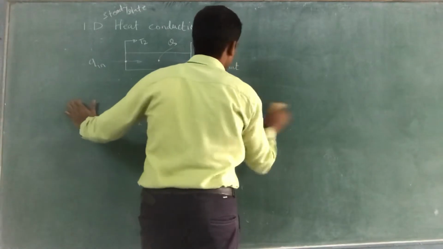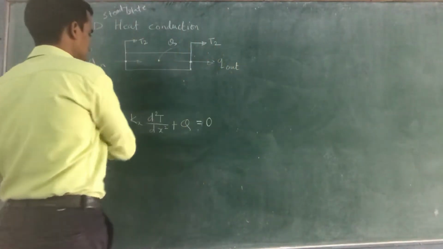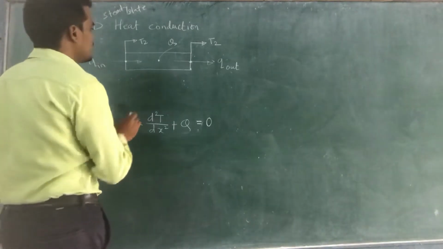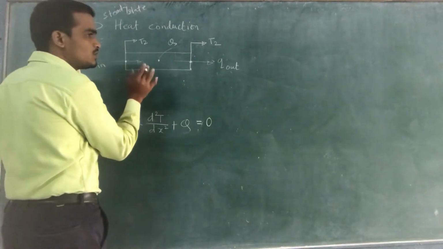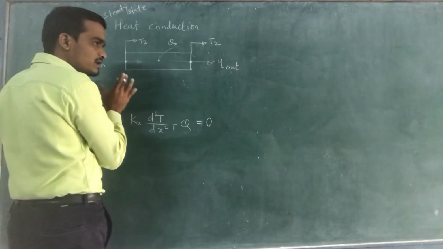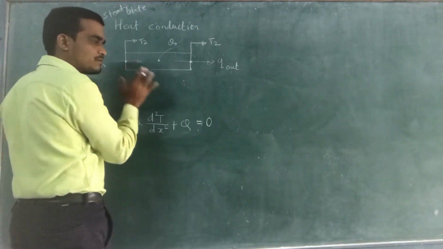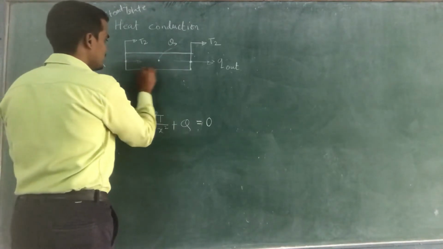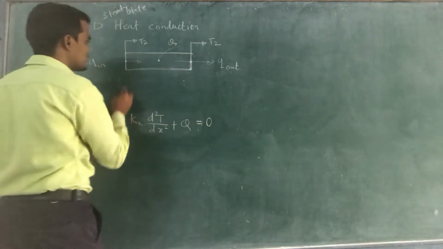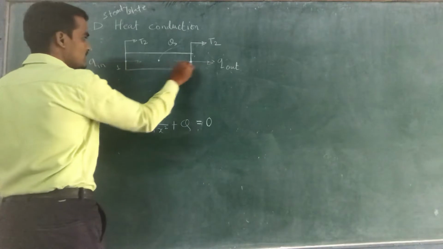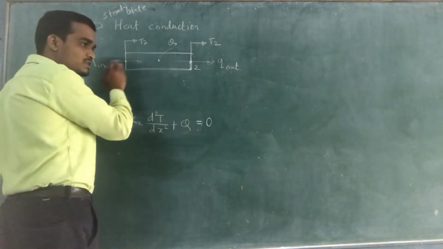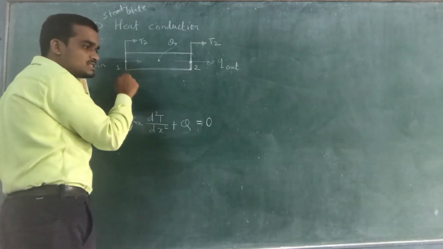Now we will apply our finite element procedure to this governing differential equation. As we know, if we consider a two-noded finite element of the heat transfer problem, this is your first node and this is your second node. In our structural problems, what is the output?